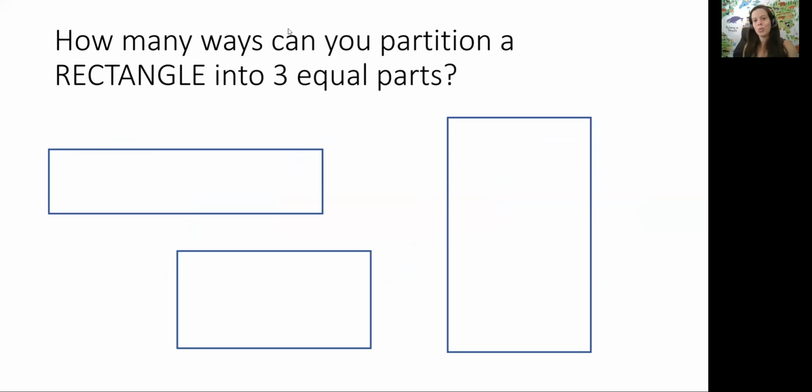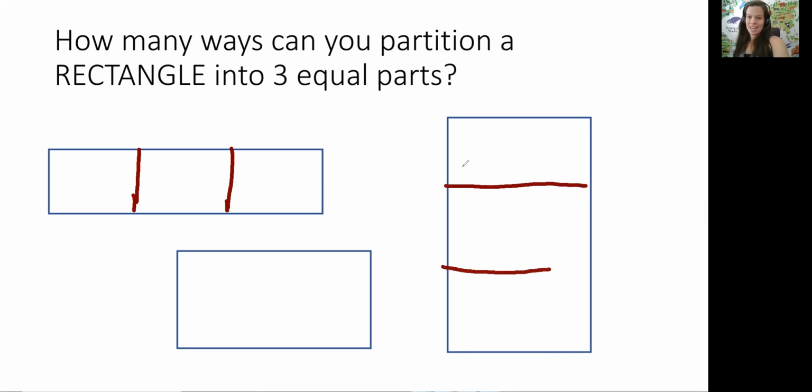Alrighty, let's see. For this one, I think it would just be easiest to split it like this into thirds. 1, 2, 3. 3 equal parts. Maybe this one would be easiest just to go side by side. 3 equal parts. For this rectangle, what would you do? Side by side or up and down?